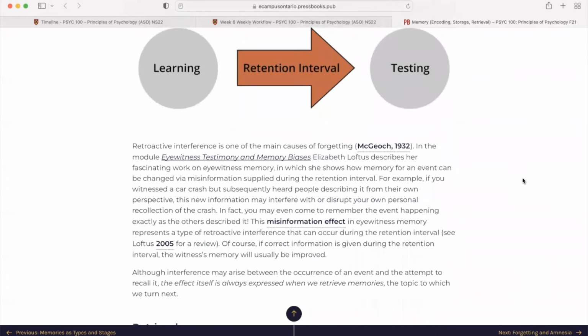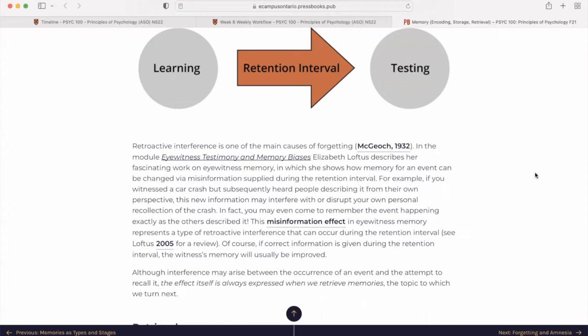In the module Eyewitness Testimony and Memory Biases, Elizabeth Loftus describes her fascinating work on eyewitness memory, in which she shows how memory for an event can be changed via misinformation supplied during the retention interval. For example, if you witnessed a car crash but subsequently heard people describing it from their own perspective, this new information may interfere with or disrupt your own personal recollection of the crash.